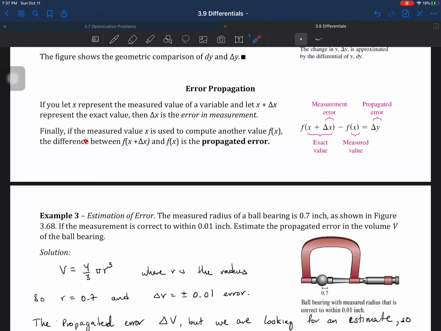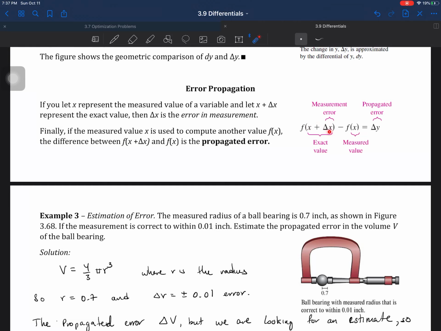Finally, if the measured value of x is used to compute another value in the formula f of x, then the difference between f of x plus delta x and f of x is called the propagated error.